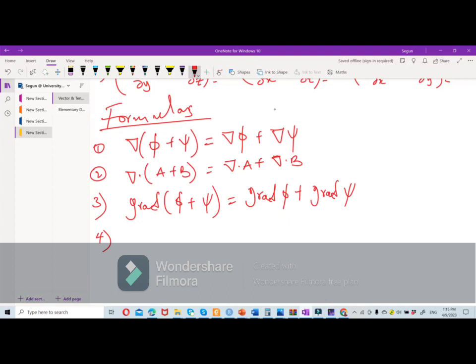Number four, we have del cross (A plus B), which is the same thing as del cross A plus del cross B, or curl of (A plus B) is the same thing as curl A plus curl B.